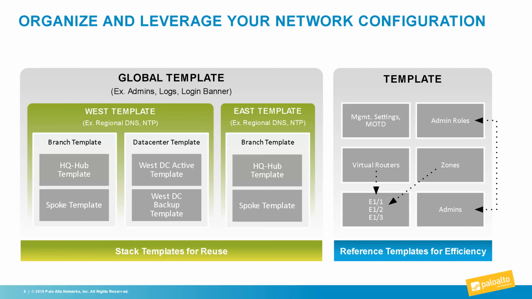And when we push it down to many firewalls, what we end up with is the same single template or template stack with variables being pushed to 10 or more firewalls. And on commit, we can apply the variable data to the template as it's being pushed onto the firewall. So then the firewall itself gets the unique data it needs in order to function. And I will show what that might look like here in a second.